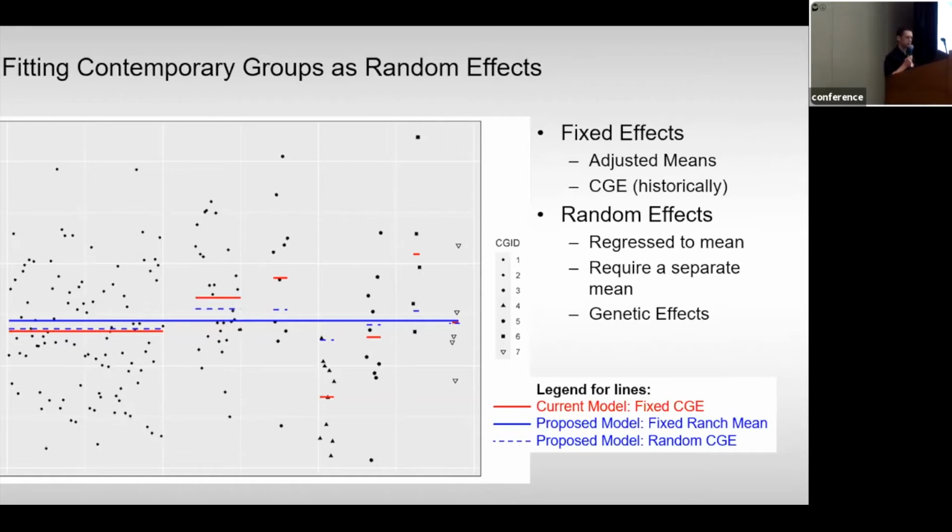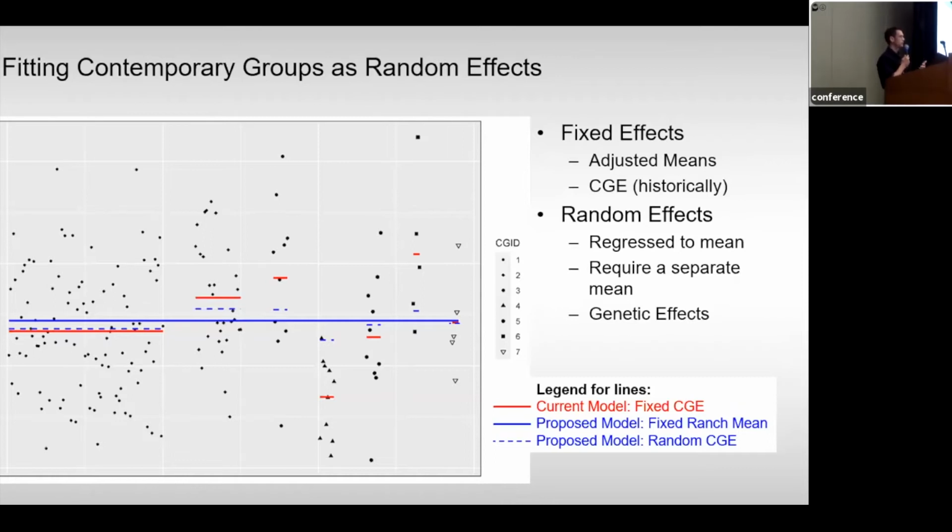And so to start off with, we have 3 different models, if you will. So the red bars denote what we call the current model, which is the fixed contemporary group effects. The proposed model, where we have a range ID, and then the proposed model where we have random contemporary group effects. And so this first slide kind of helps maybe illustrate the difference between fixed and random effects.